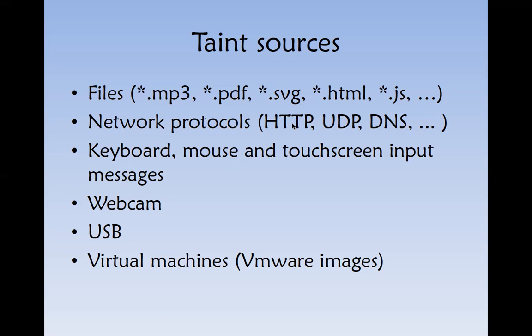So the program is executing in a certain way, and you want to protect the execution of the program. Whatever untrusted input the program interacts with, that is a taint source. So it very much depends upon the particular scenario in which your program is being used, and whatever the attacker can control in that particular setting, in that scenario, is supposed to be a taint source.